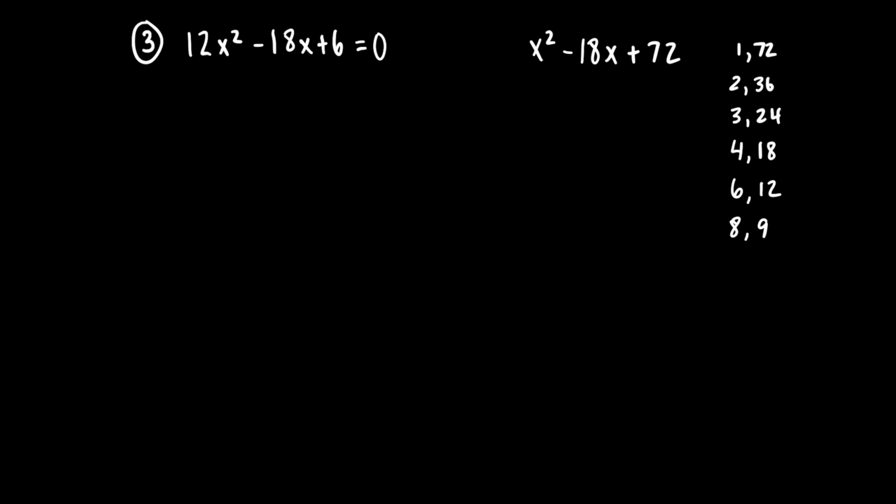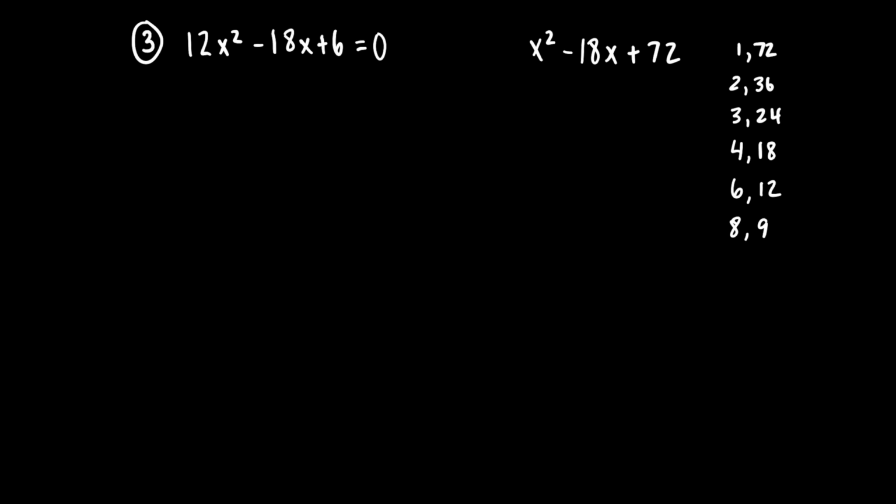And I'm looking for two numbers that multiply to make 72 that add to make -18. And I know that if they add to make -18 here, that means they're both going to have to be negative. So essentially I'm looking for two numbers that multiply to make 72 and add to make 18. I know it's -18, but they're both negative, so whatever.